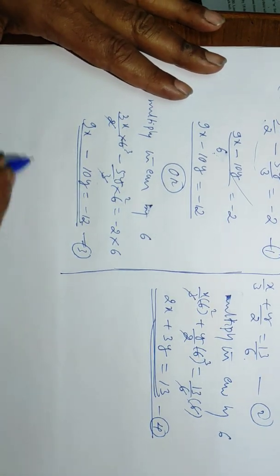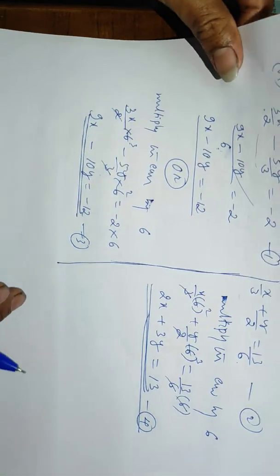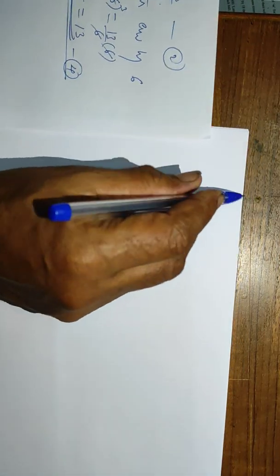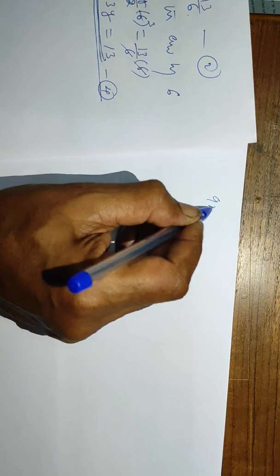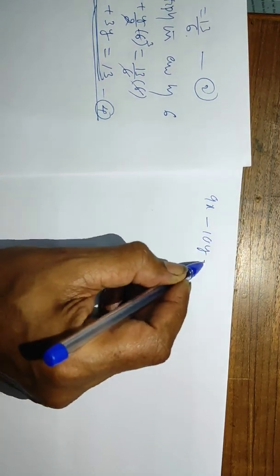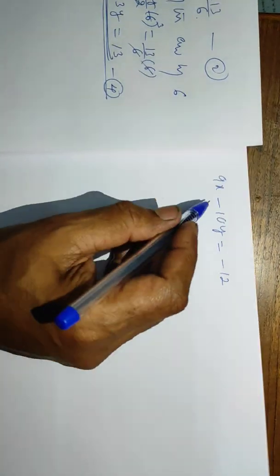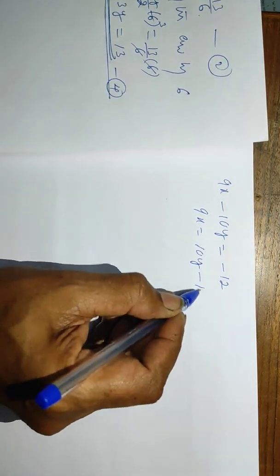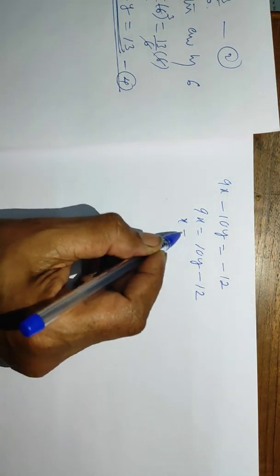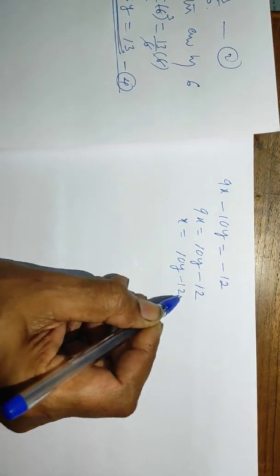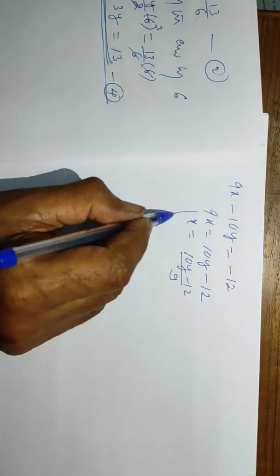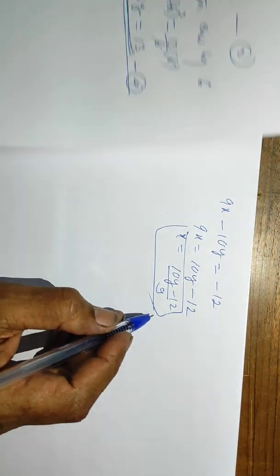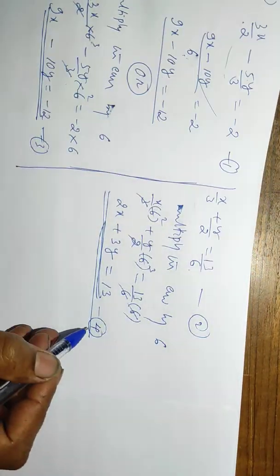So let me take equation 3. 9x minus 10y is equal to minus 12. 9x equals 10y minus 12, x equals 10y minus 12 by 9. So let me substitute the value of this variable in 4.